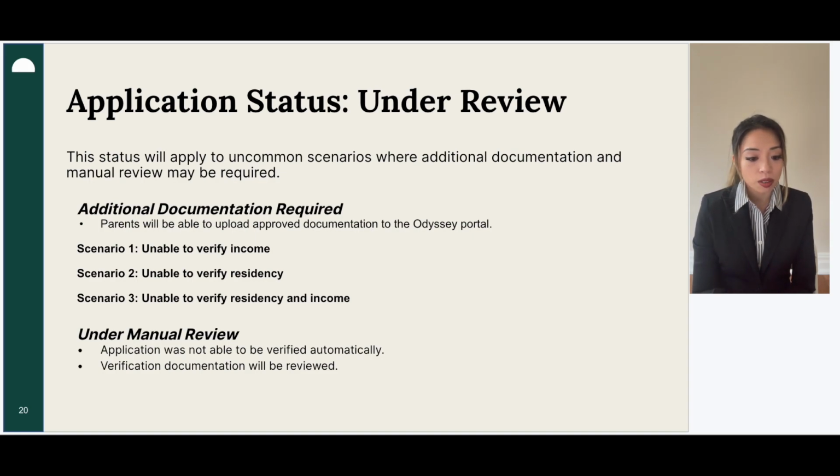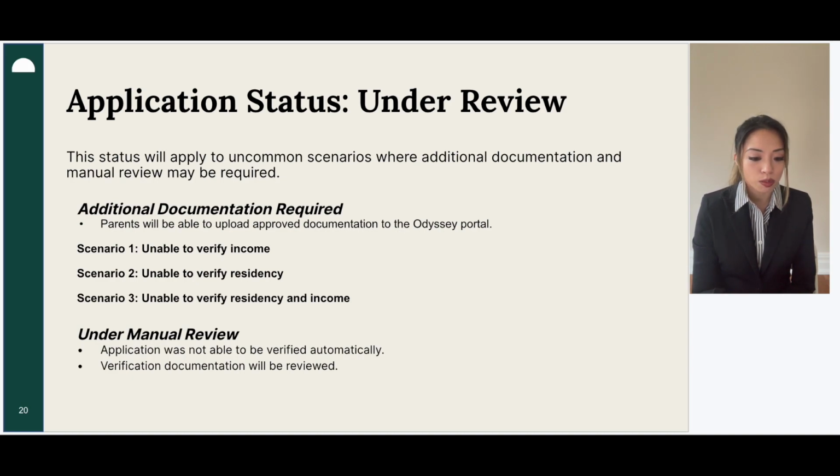A common reason why this might happen is for a new applicant, a 2023 Iowa state tax return was not filed or could not be verified. In this case, we would be unable to verify income and unable to verify residency. Therefore, the parent or guardian would receive an additional documentation required status for that particular student.